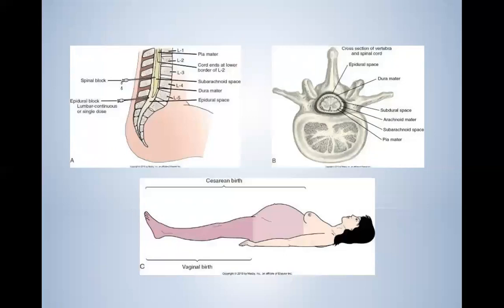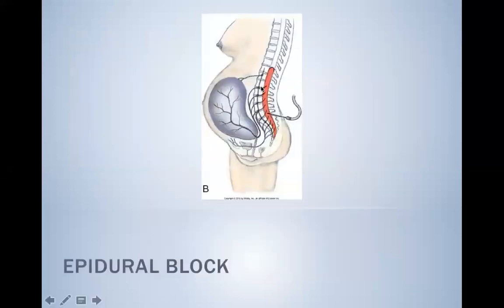So for a vaginal birth, our goal is to stop the pain in the uterus, and typically the legs are numb, but the belly is not. Because if you look at this picture, those nerves that innervate the uterus are in this area here.